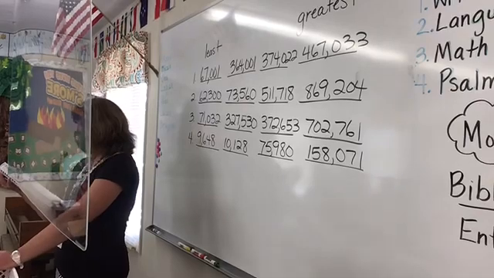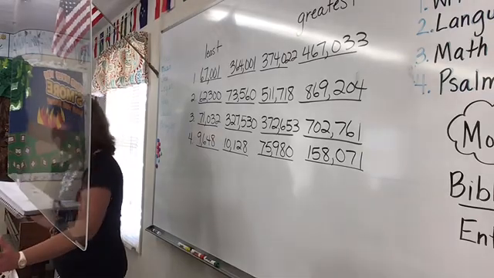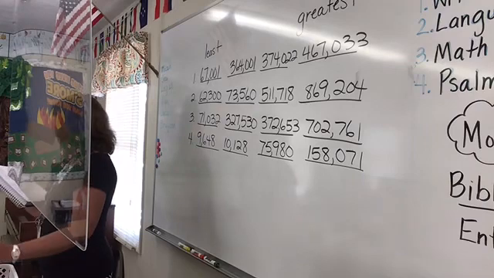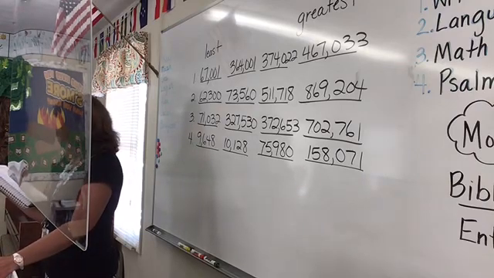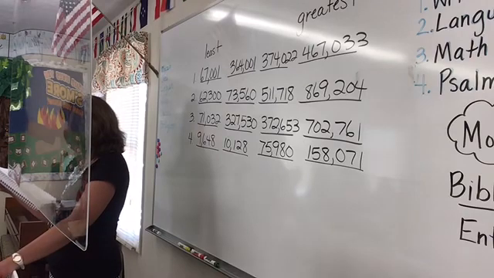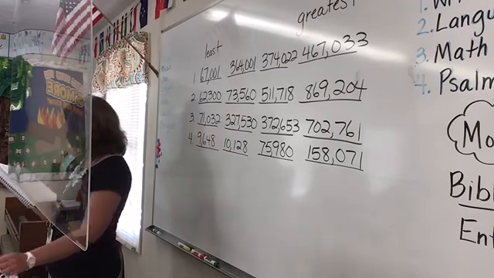And then the next number is 789,420. So we already know that's not it, because that's already from least to greatest. The next one is 730,000, and then 800,000. Well, that's not right, because that's least to greatest.